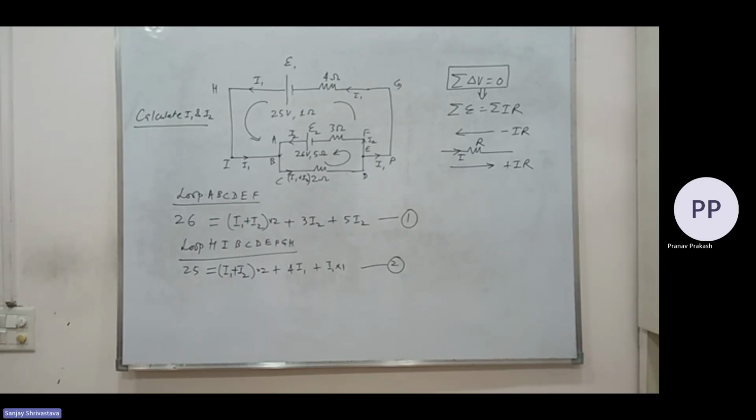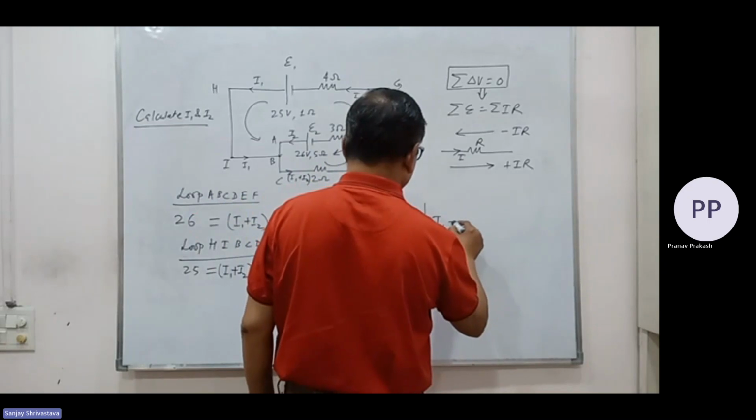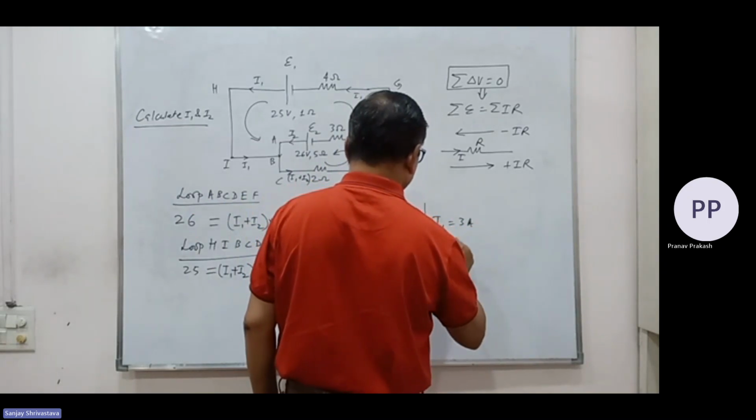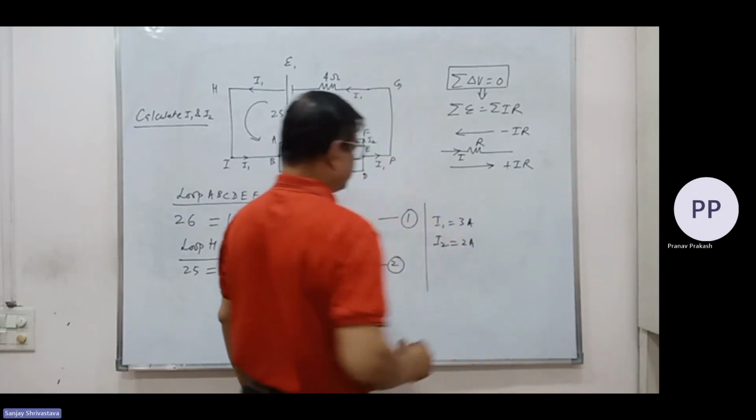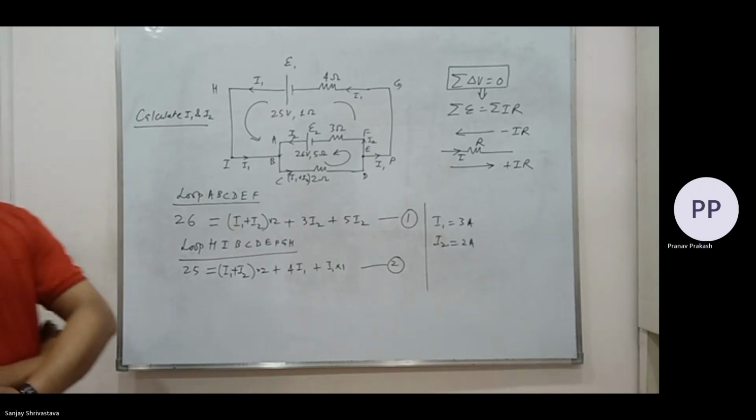I1 is coming to 3 ampere and I2 is equal to 2 ampere. Did you get it? On solving, I1 will come to 3 ampere and I2 will come to 2 ampere. Good.